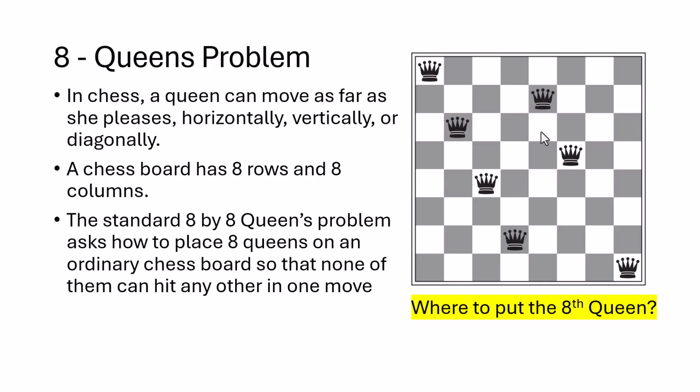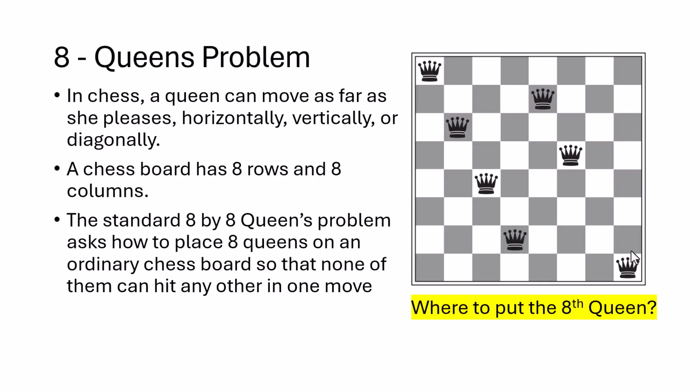For example, see this queen is on the white square and diagonally it can attack this queen. So this is not a correct solution of an 8 queens problem. Anyway, this is not 8 queens. These are 7 queens. So a chessboard has 8 rows and 8 columns. Okay, so where to put the 8th queen? If you ask that question, you need to first solve where this one goes.